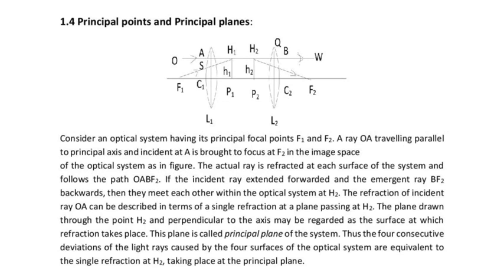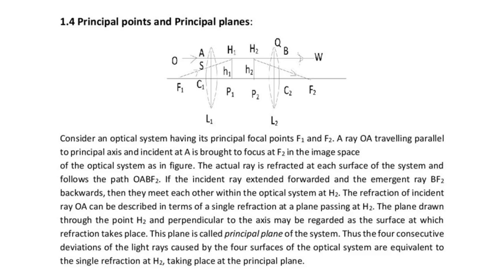Principal points and principal planes. See the diagram carefully. Consider an optical system having its principal focal points F1 and F2. A ray OA traveling parallel to principal axis and incident at A is brought to focus at F2 in the image space of the optical system as in figure.